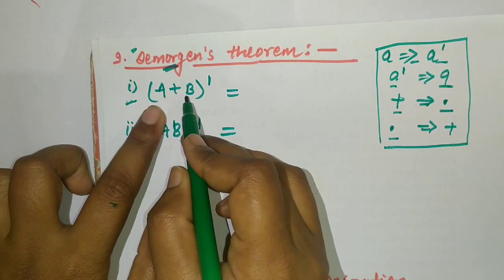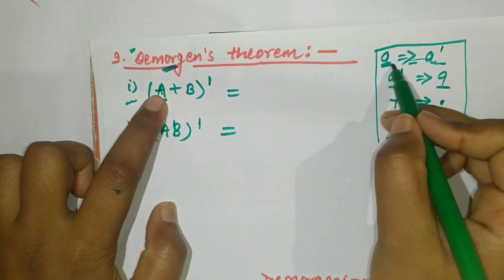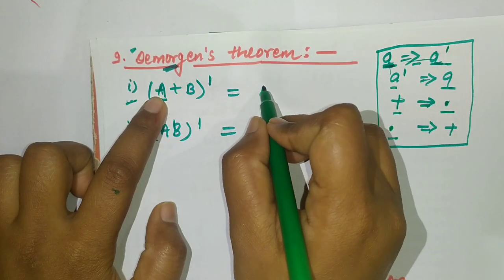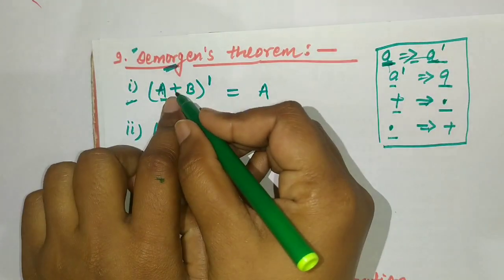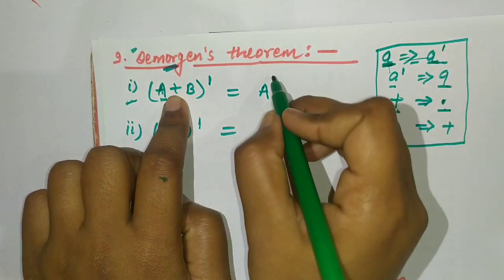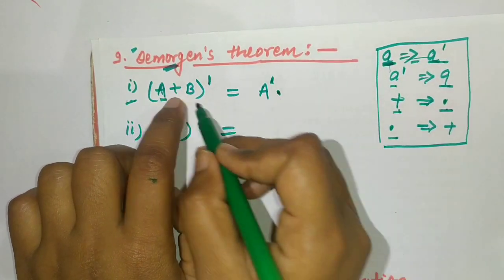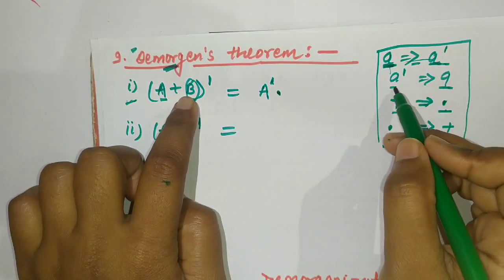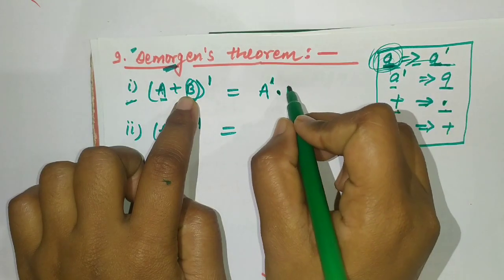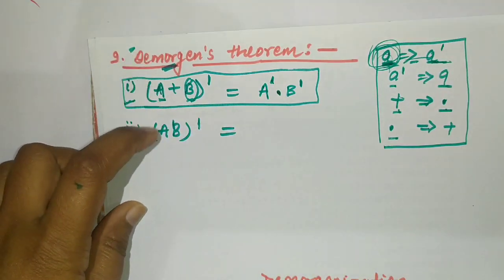So A is converted to A dash, plus is converted to dot, and B, a single variable, is converted to B dash. This is the first result of De Morgan's theorem.